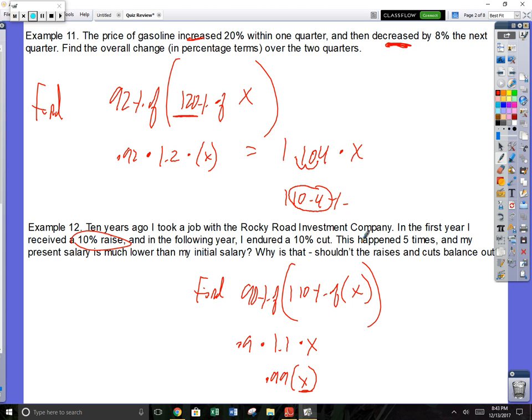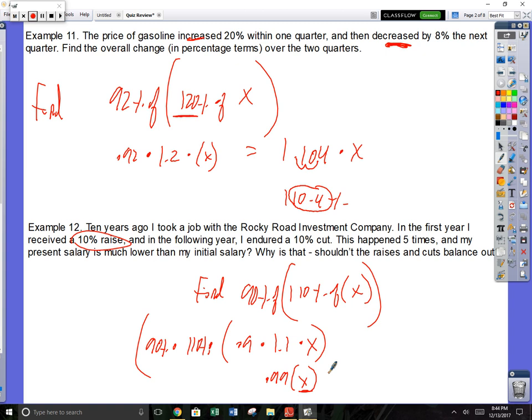Okay, now I'm going to do this 5 times. So that's once. Then they're going to give me a 10% raise, so I'm going to multiply by 110%. And then I'm going to multiply that by 90%.